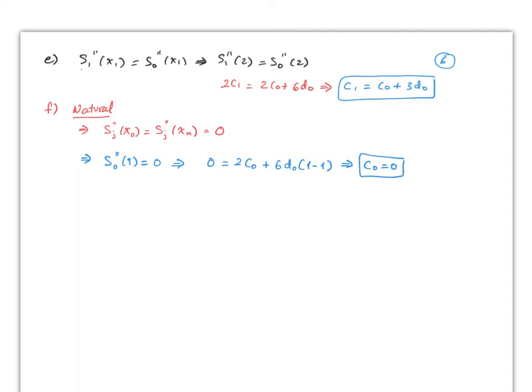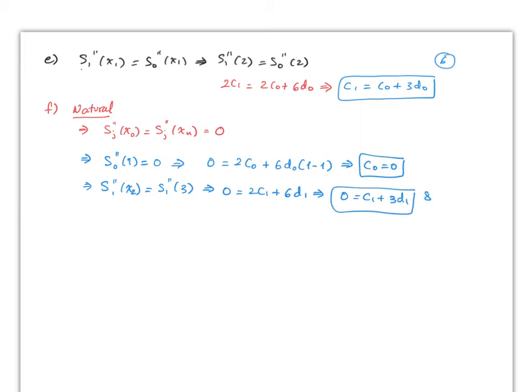Then we also have the second derivative evaluated at x2 should equal s1 double prime evaluated at 3, and that means 0 is equal to 2c1 plus 6d1, and from here we get 0 equals c1 plus 3d1.